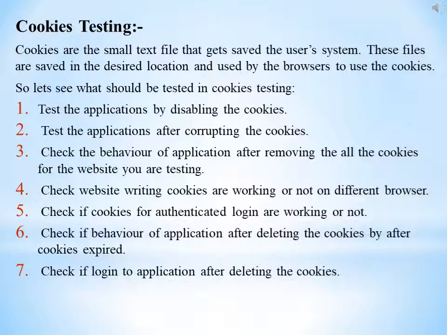Next is cookies testing. Cookies are small text files that get saved on the user's system. These files are saved in the desired locations and used by the browsers. So, let's see what should be tested in cookies testing. The first is to test the application by disabling the cookies. Second, test the application after corrupting the cookies.